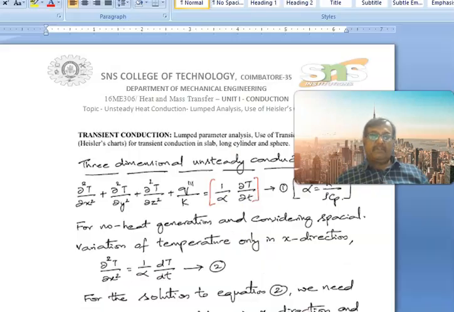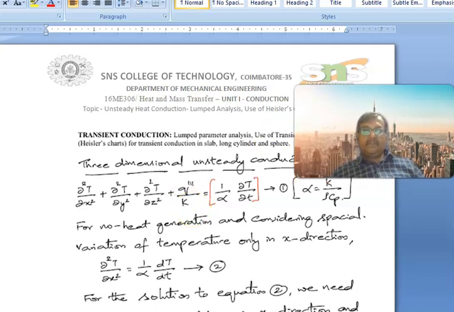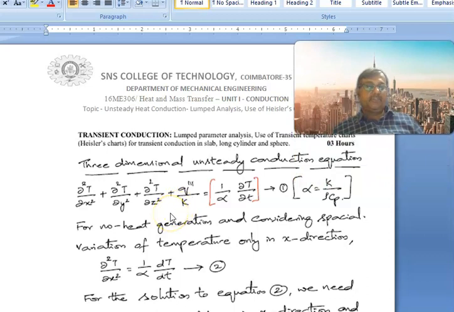Let me go to my presentation. Before going to the presentation, let me see lumped parameter analysis in the three-dimensional unsteady condition equation. ∂²T/∂x² + ∂²T/∂y² + ∂²T/∂z² + q‴/k = (1/α) ∂T/∂t, which is equation number 1, which we have seen already in conduction. α, which is equal to k/ρCp, is the diffusivity.